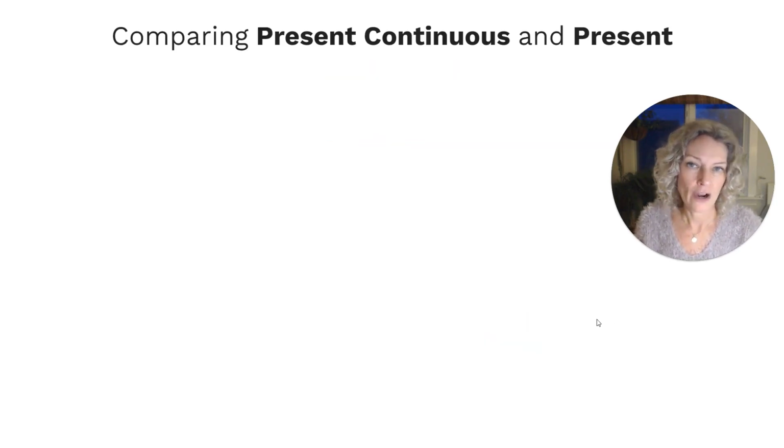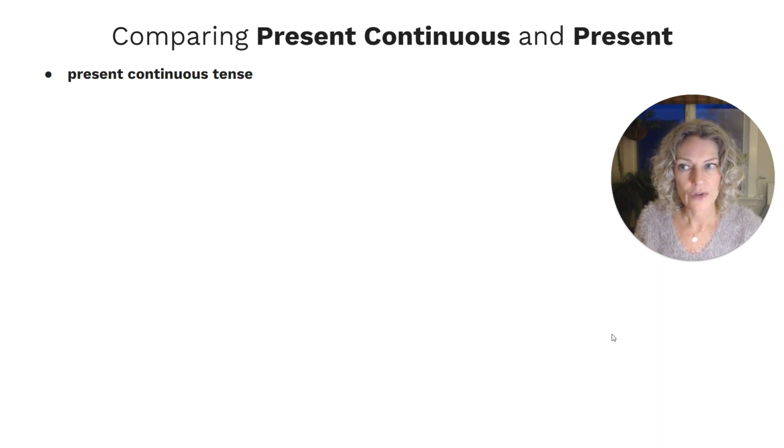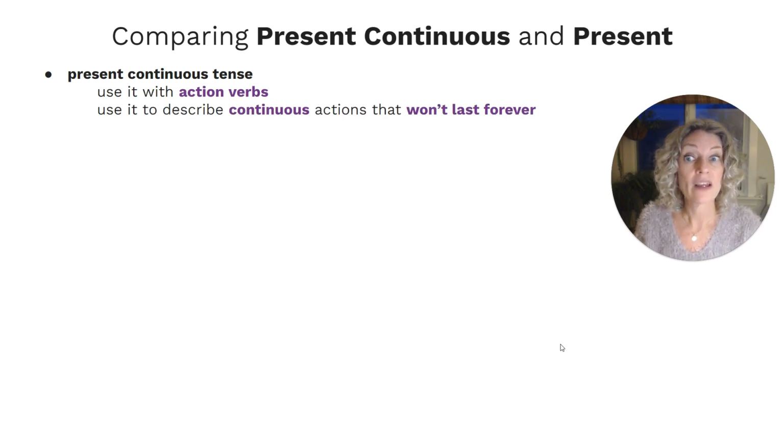So let's compare the present continuous and present tense so we can see how they differ from one another and when to use them. So the present continuous tense, we use it with action verbs, those ones that we can see. We use it to describe continuous actions that won't last forever. They're not always true.